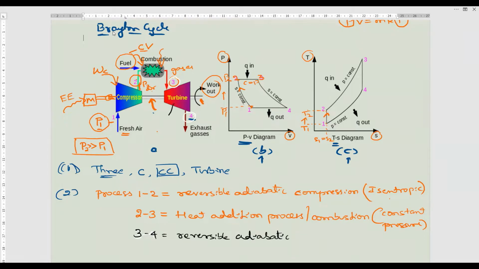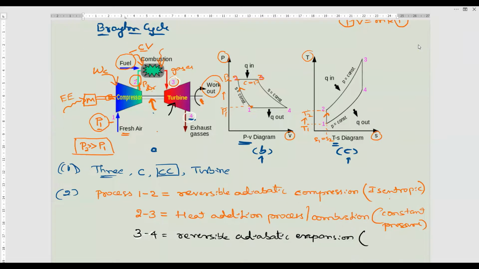In the turbine, does compression take place or expansion? The turbine is exactly opposite of the compressor. In the compressor, compression takes place. But in the turbine, expansion takes place. Keep in mind, expansion takes place.